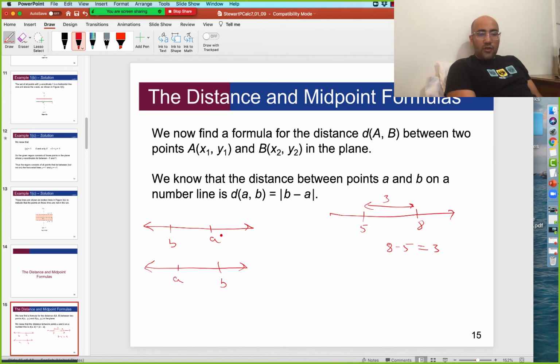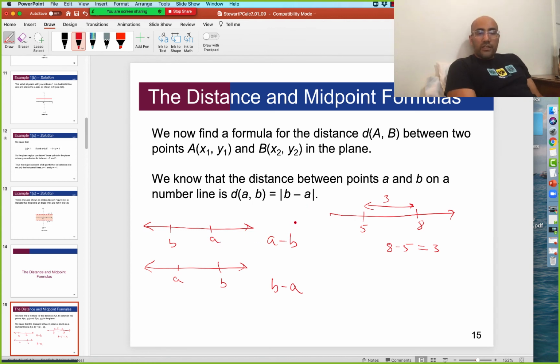If I know that a is the bigger number, then the distance is going to be a minus b, right? Because it's the bigger one. And if I knew that it was in this direction, well, then I would know it's b minus a. And I would know that both of these give me a positive answer because I know that this one's bigger.